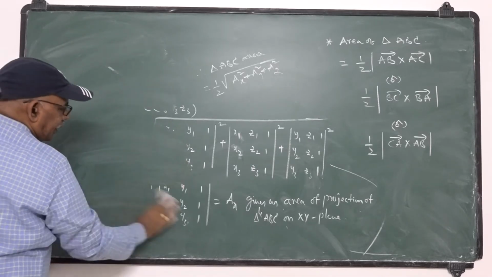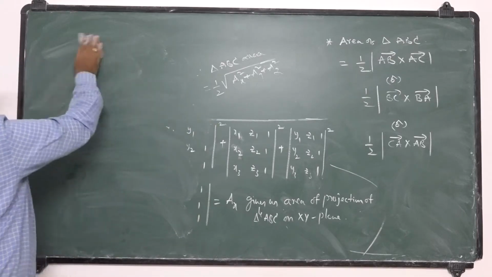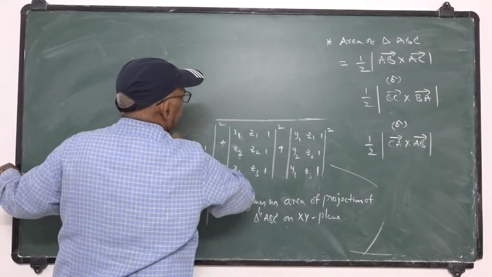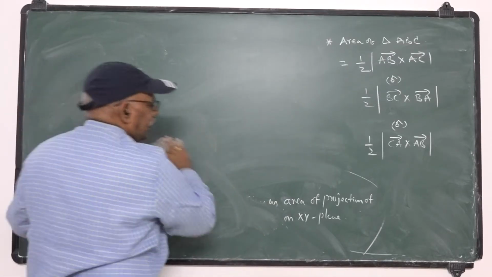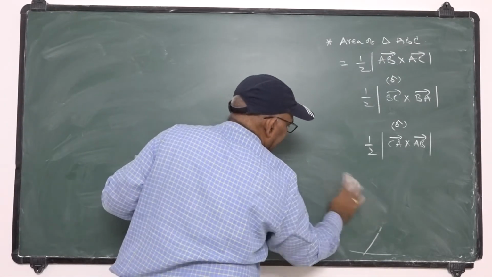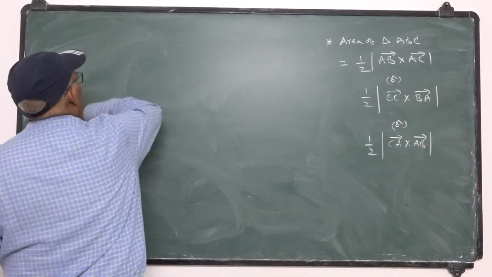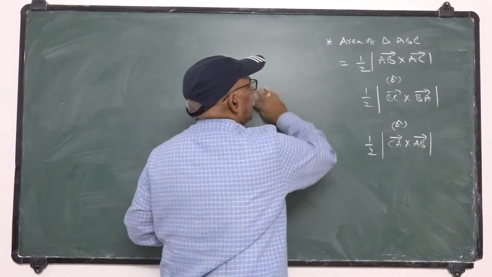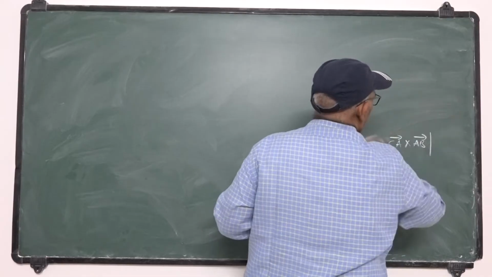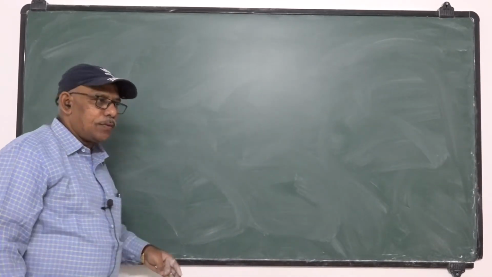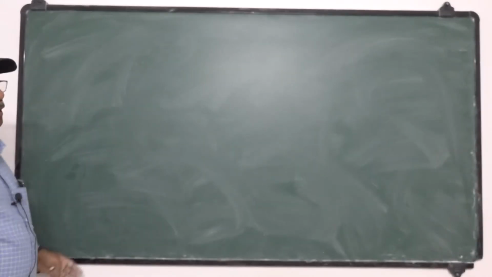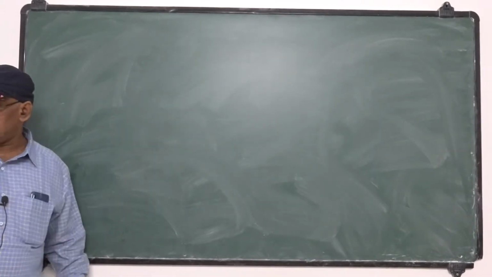Finding the area of a triangle: you can develop the projections of the triangle over the coordinate planes, and then find the required area of the triangle with that formula.